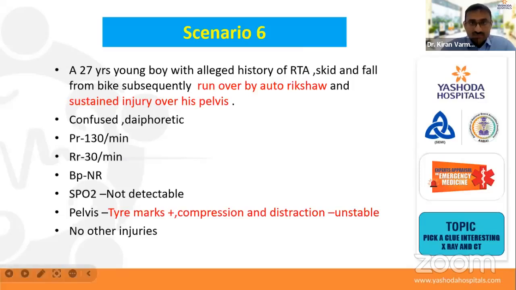No other injuries. What do you think? Pelvic bone fracture. So he is in which classification of hemorrhagic shock? Class 1, Class 2, Class 4? Class 4, you're right. Class 4 hemorrhagic shock. So we have done the X-ray.